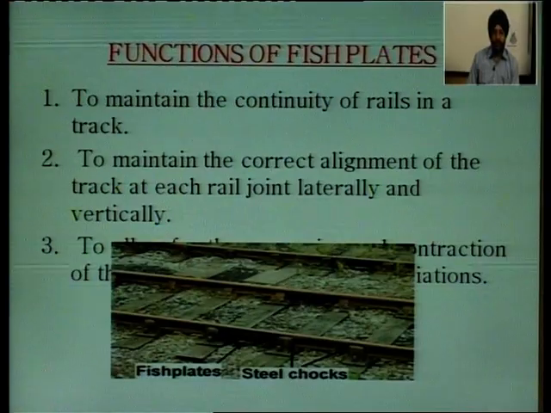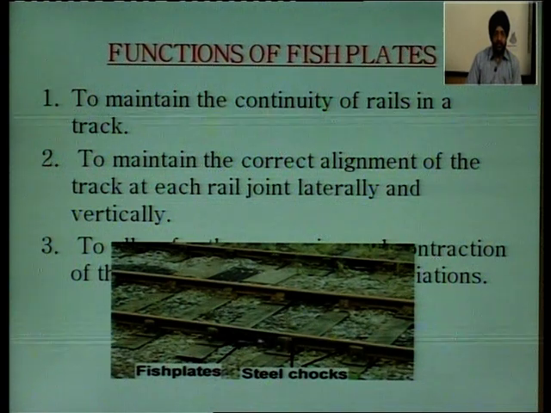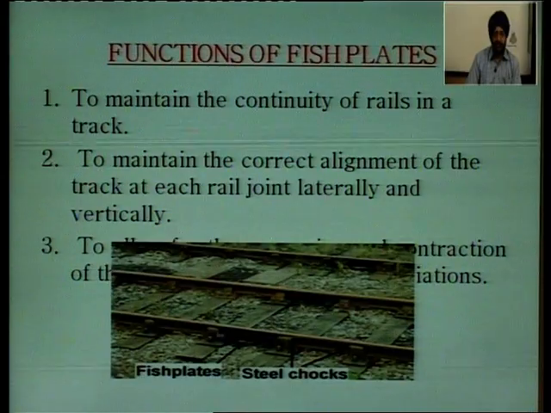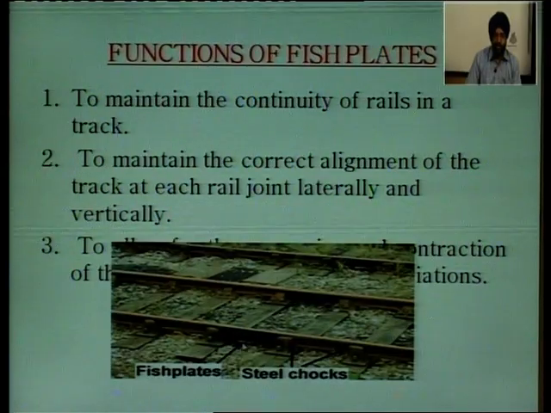Now, regarding these fish plates, what are the functions of these fish plates? The very first function: these fish plates are maintaining the continuity of the railway track. As I told you earlier also, these rails are available in standard lengths, so just to maintain the continuity of this track, we use fish plates.